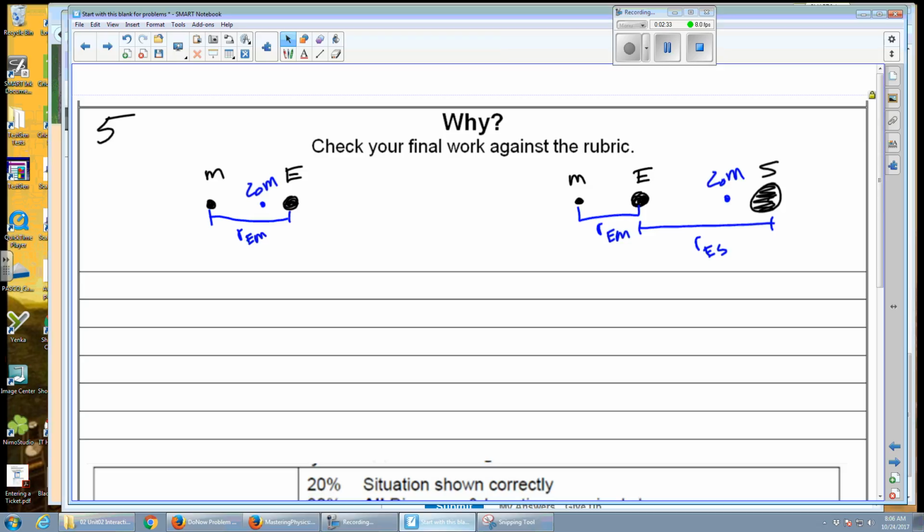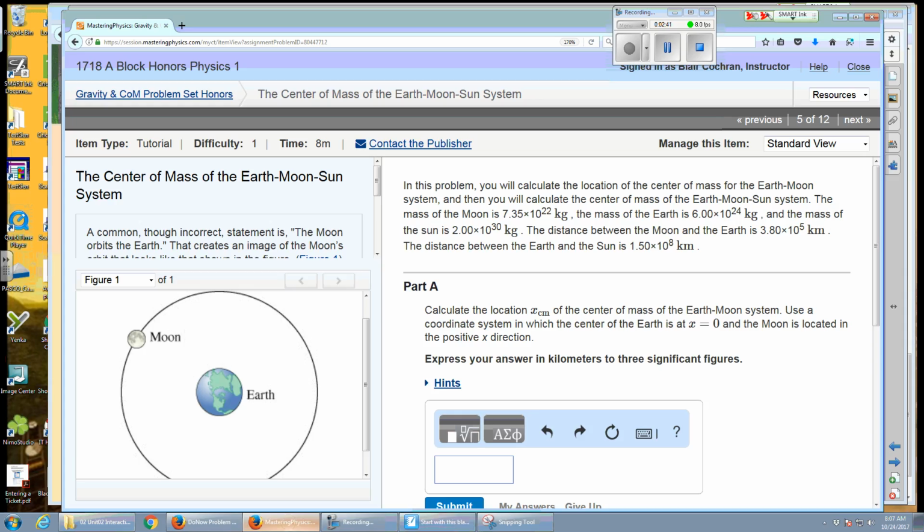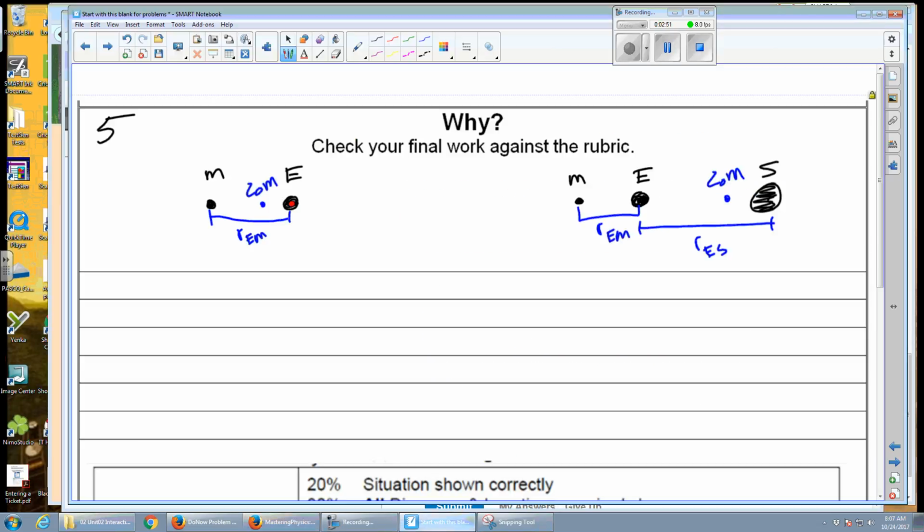And let's see. I think I'll use the Earth. That's my point of reference. Let's look. Calculate the solution of the center of mass used coordinate system, which the center of the Earth is the reference point. Okay? So I'm going to use this as my point A, and my guess is this is going to be my point A over here.